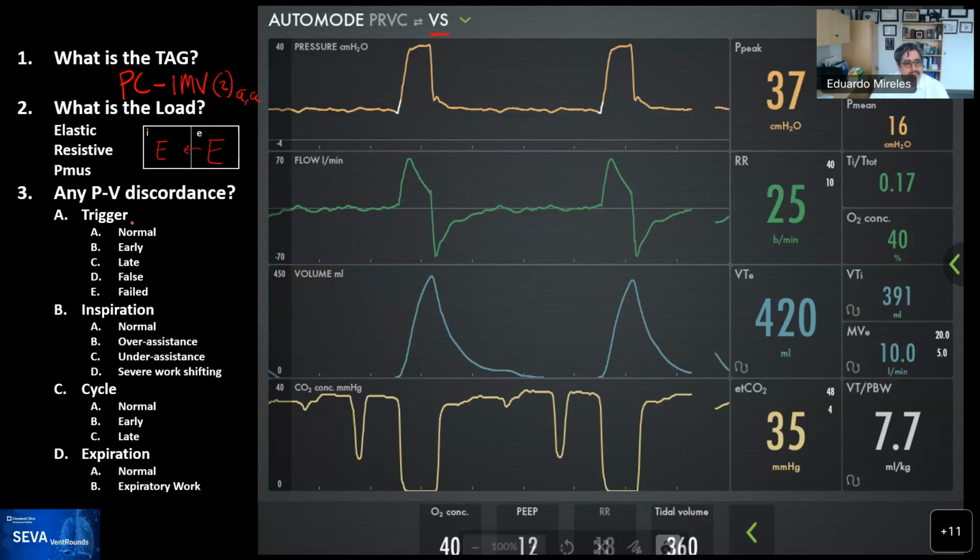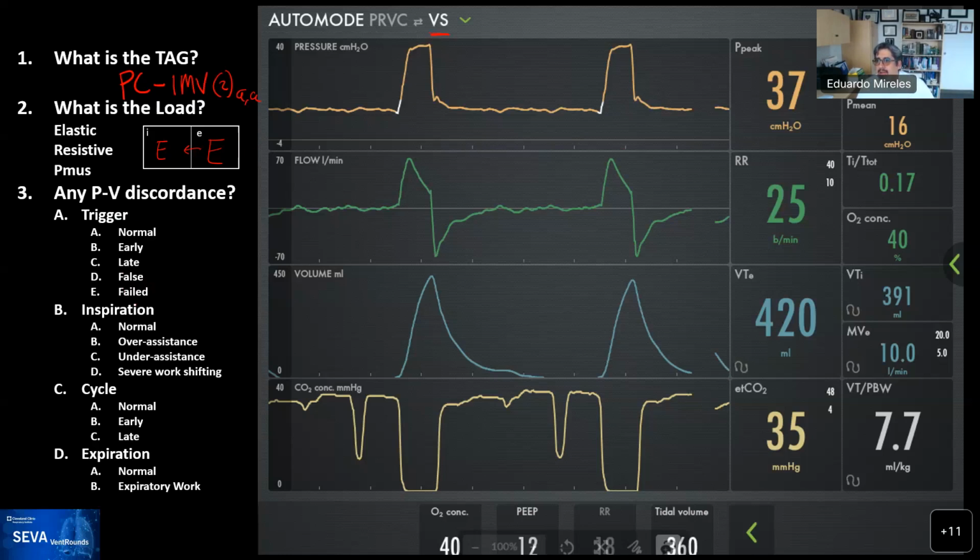In this case, the options are normal, early, late, false, or failed. False meaning that something else is triggering the ventilator, or failed meaning that the PMOS is not triggering the ventilator.